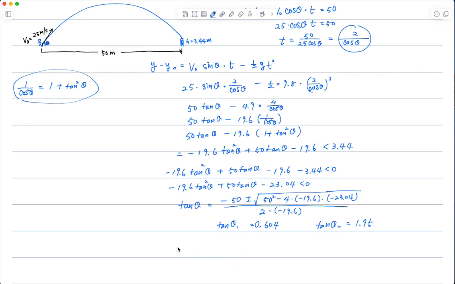So I take the arctangent to find our angle. Arctangent of 0.604 gives 31 degrees.